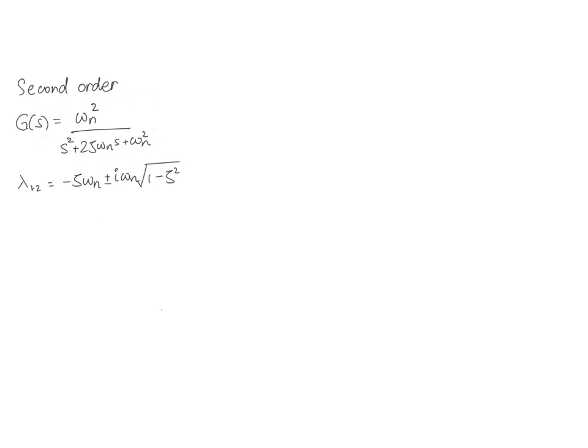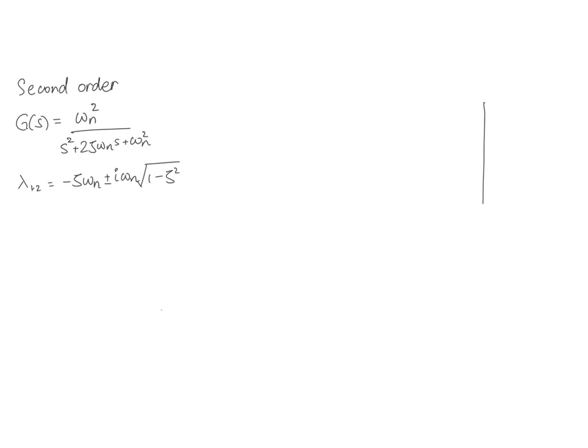And we have seen by now plenty of times that the eigenvalues corresponding to this transfer function are this complex conjugate pair, minus zeta omega n plus or minus i multiplied by omega n multiplied by the square root of 1 minus zeta squared. And these eigenvalues are the exact same as the roots of this denominator polynomial. Okay, so that we have seen plenty of times.